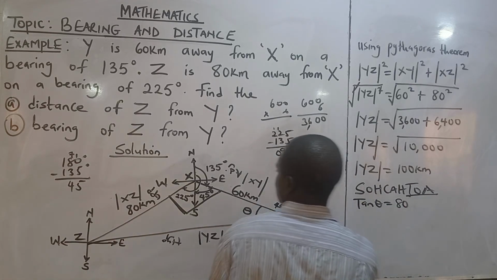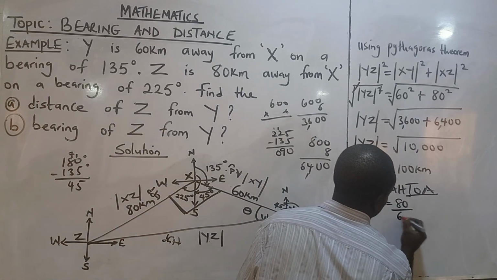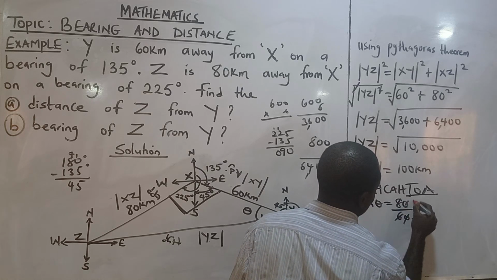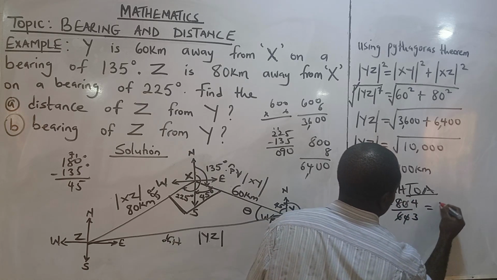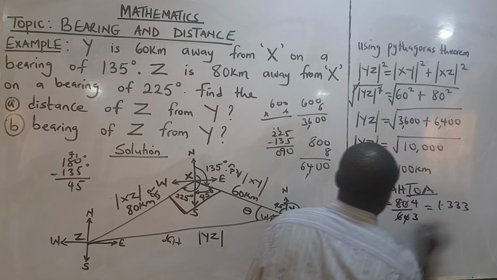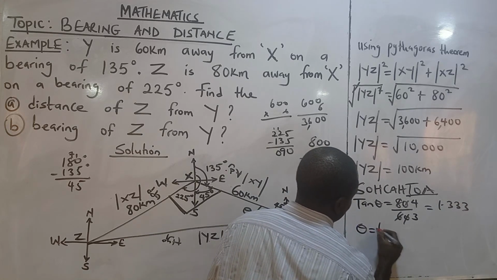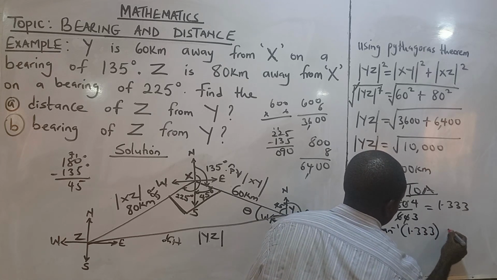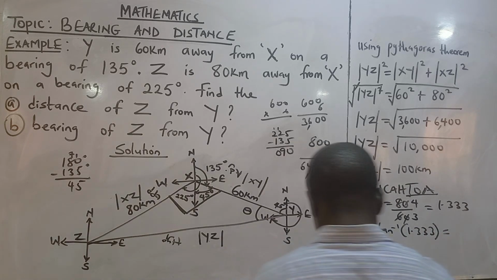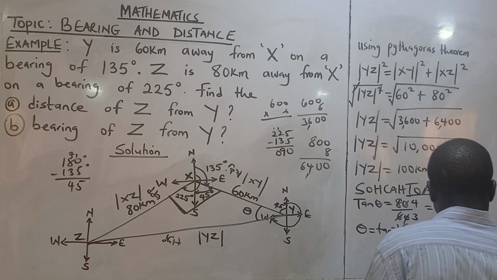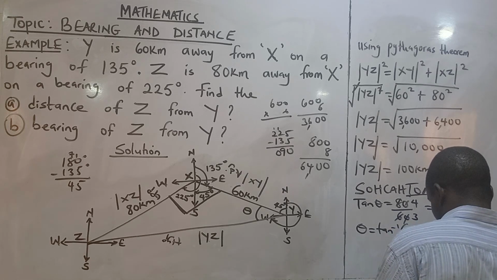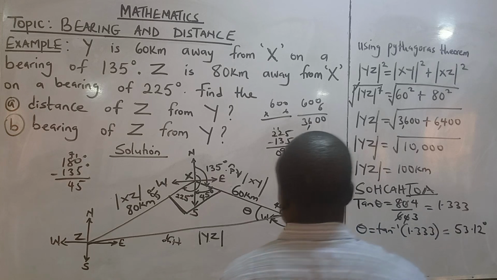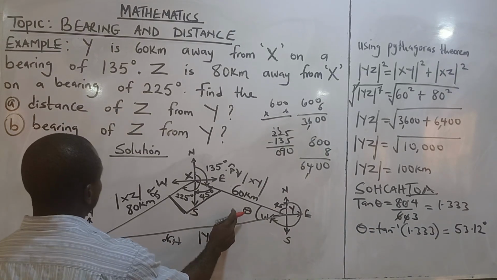That's 80 over 60. 0 cancels 0, 8 over 6. When you divide it, you have 1.333. Theta now equals tan inverse of 1.333. When you press your calculator, you have 53.12 degrees. This angle now is 53.12 degrees.